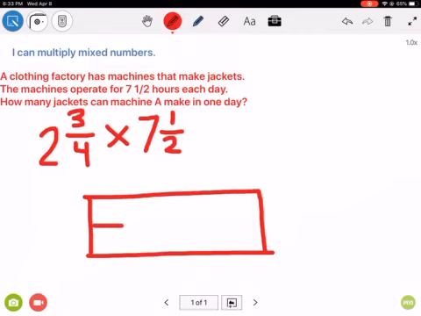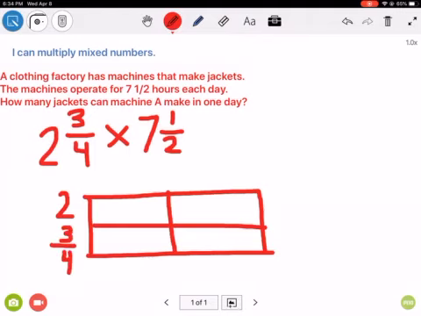Okay, so my first number that I'm multiplying is 2 3/4. So 2 is my whole number, and 3/4 is my fraction, so that goes in my other box. And then my other number I'm multiplying by is 7 1/2. So 7 is my whole number, and 1/2 is my fraction.